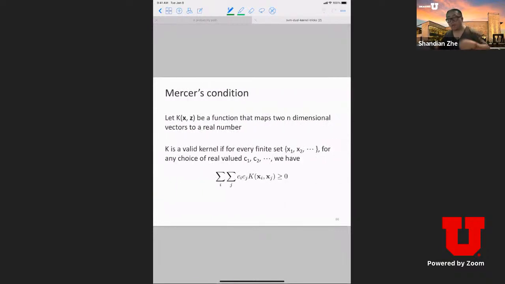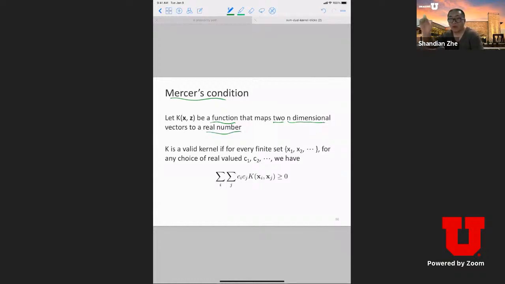Now let us look at a formal way to check the validity of a kernel function. This is called Mercer's condition, or Mercer's theorem. Let K(x, z) be an arbitrary function that maps two n-dimensional vectors to a real number.